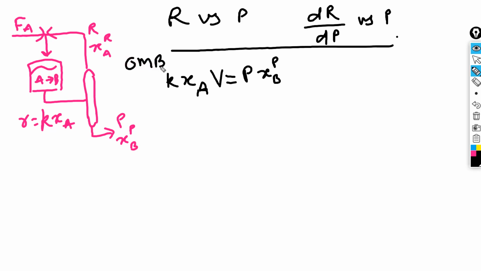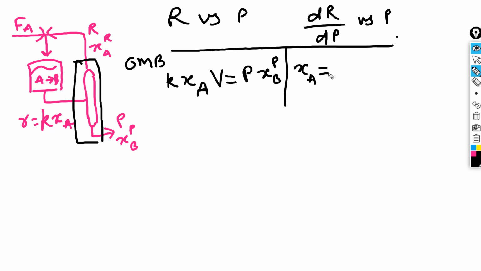Now if you look at a balance on the column, then you'll see that XA, the mole fraction of A leaving the reactor, is going to be equal to the amount of A leaving the column divided by the total flow leaving the column, because the total flow leaving the column is the total flow into the column, which is the reactor effluent stream.